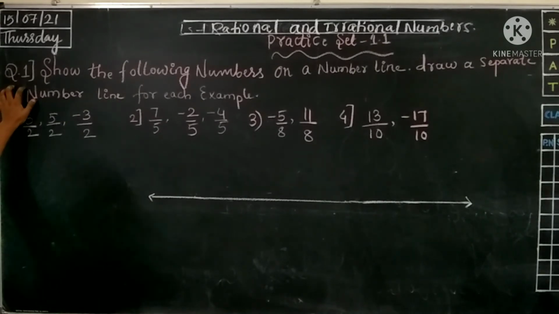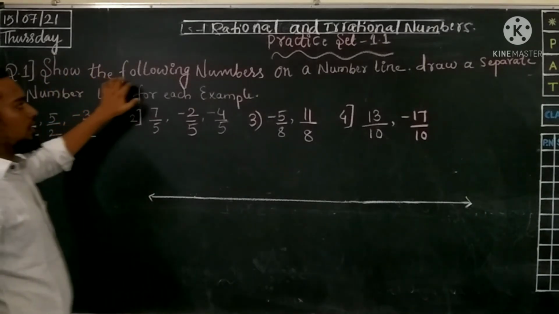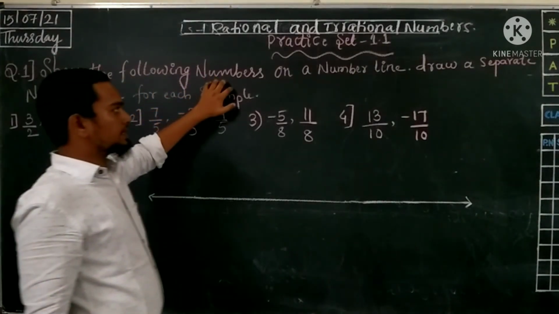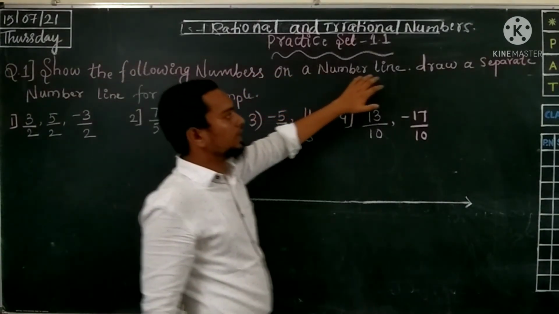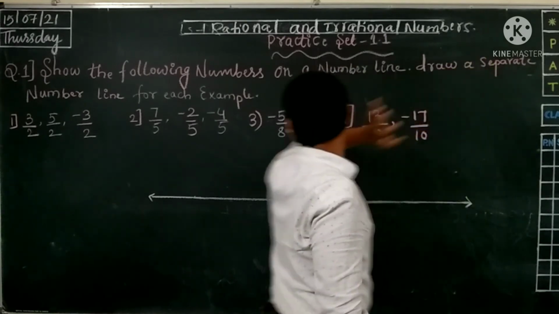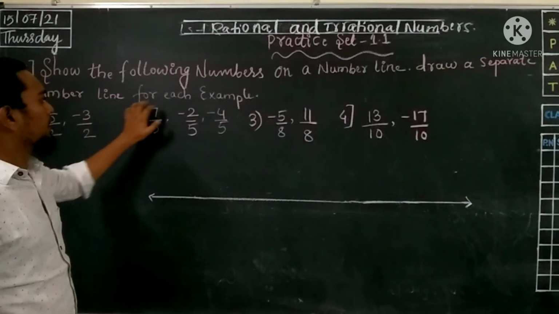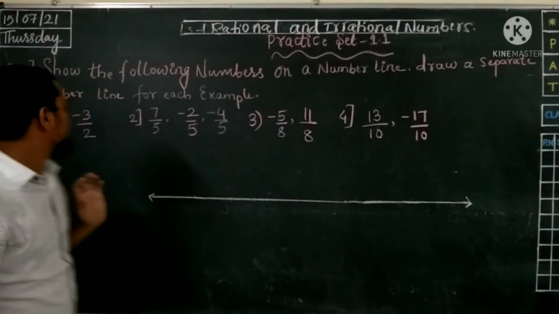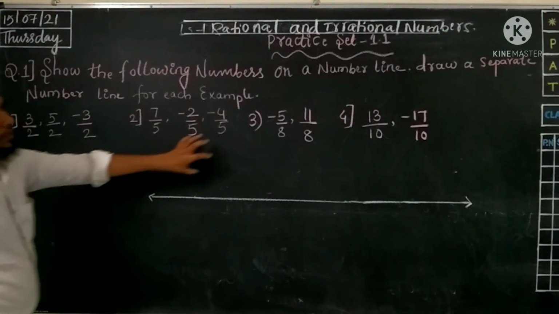Question number one: show the following numbers on a number line. Draw a separate number line for each example. There are 4 examples.